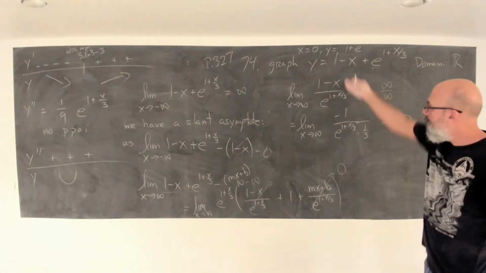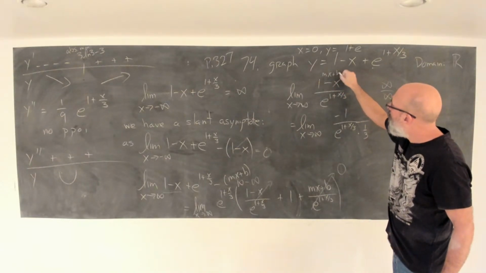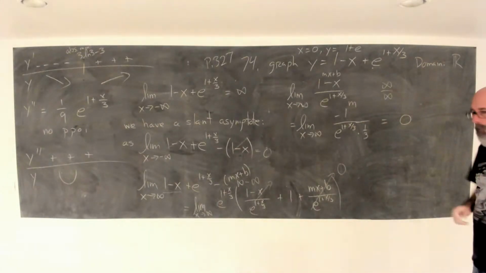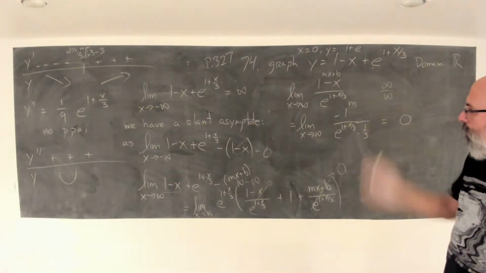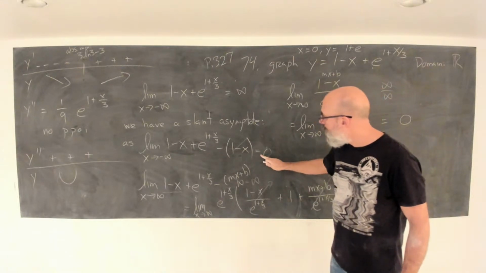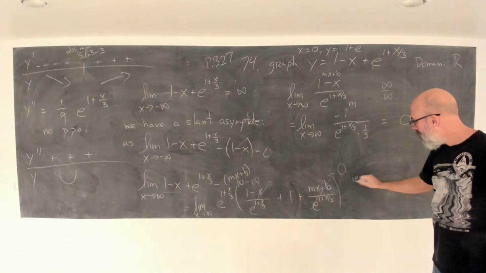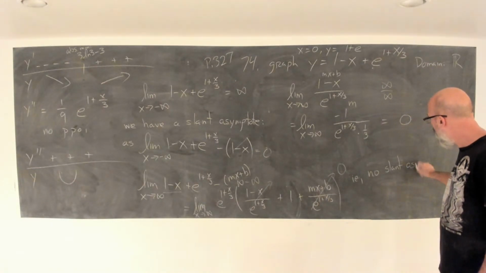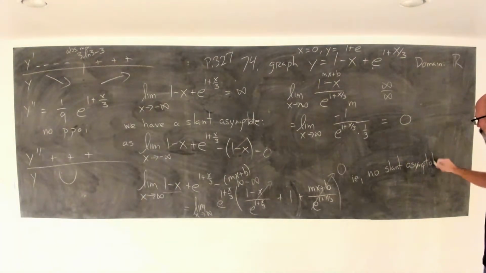By L'Hopital's rule, exactly the same, right? If you have mx plus b instead, then the derivative is just m, and m over that is still going to be 0. So even if you do subtract any kind of line, the limit is never going to be 0. It's always going to be infinity. So no slant asymptote here.